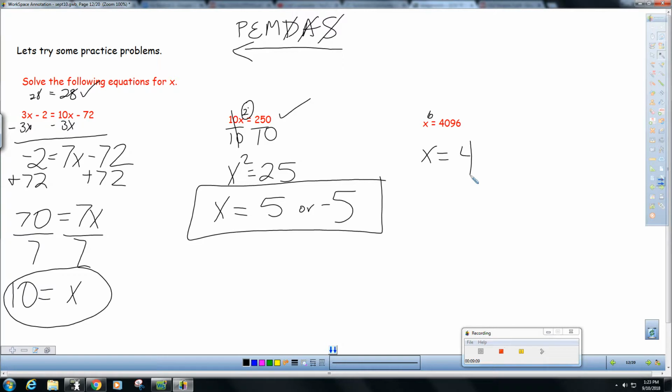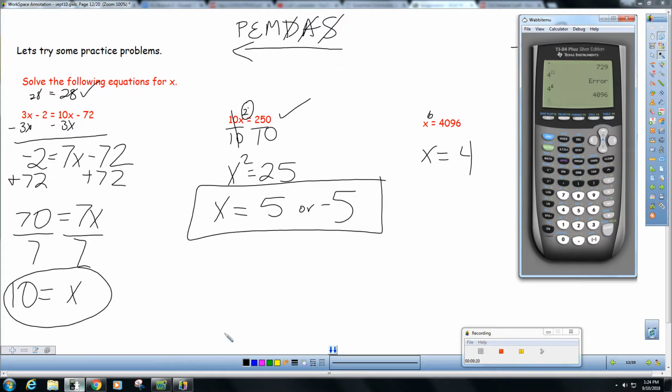But hold on. What would negative 4 to the 6th power be? Let's test that. Let's get back to our calculator. Now, negative 4 to the 6th power. Ooh, we can't put it in that way. Watch.